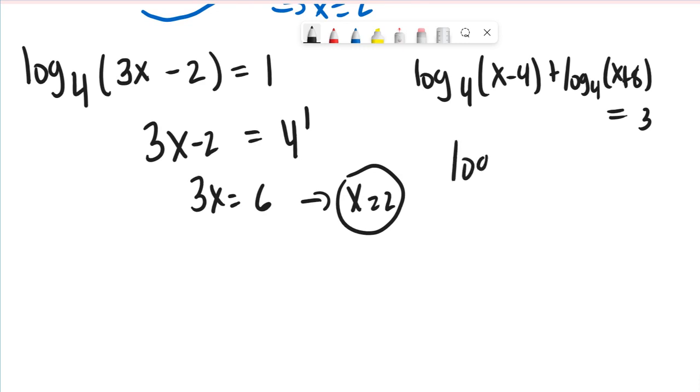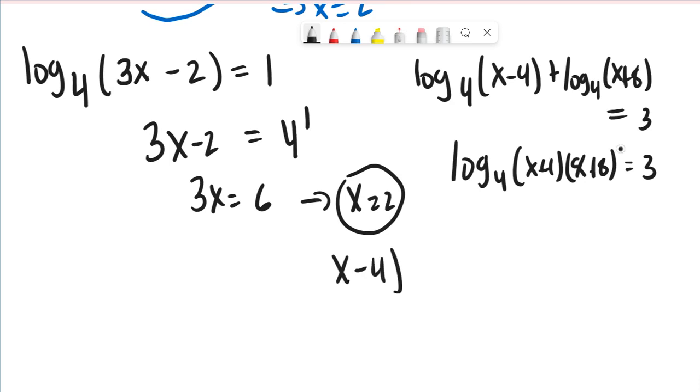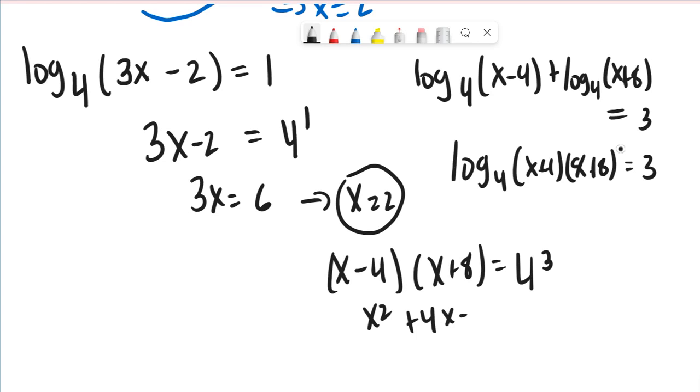So you have that log base 4 of x minus 4 times x plus 8 is equal to 3. Okay, so that'll be x minus 4 multiplied by x plus 8 equals 4 cubed.